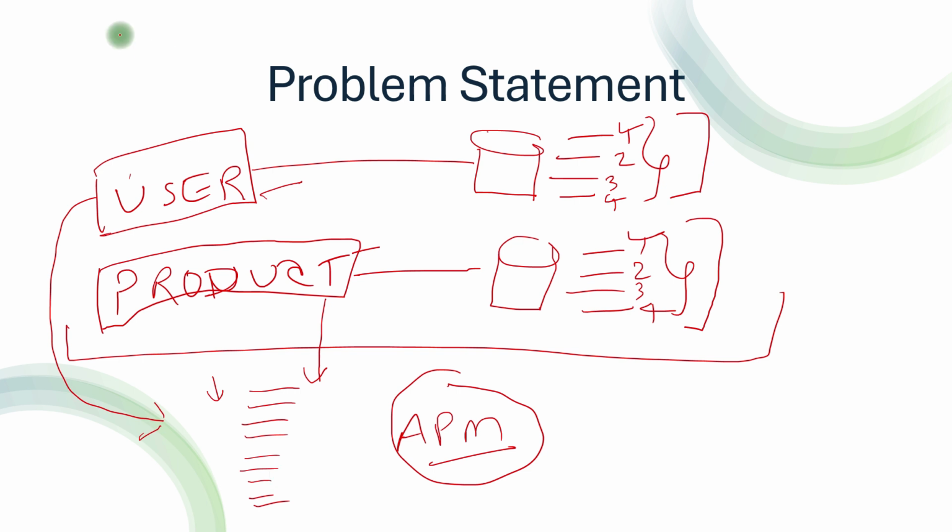So whatever data we have for the user, product, and other services is going to a single place. Now for debugging purposes, if I got hold of one ID, let's say 4, and I want to search throughout the APM, I can search that ID, and I will be getting multiple records for it. One record will be for the user, one for the product, and others can also have that ID available.